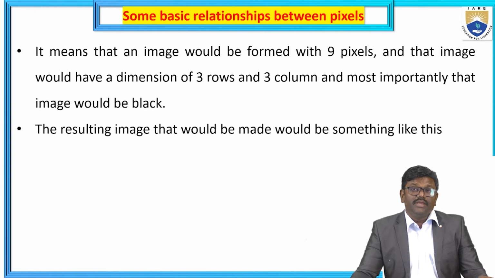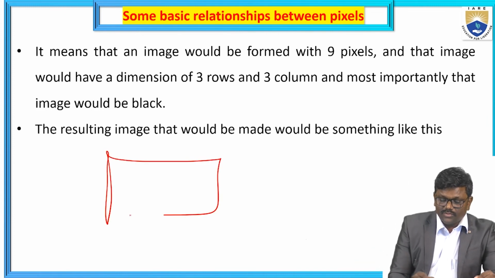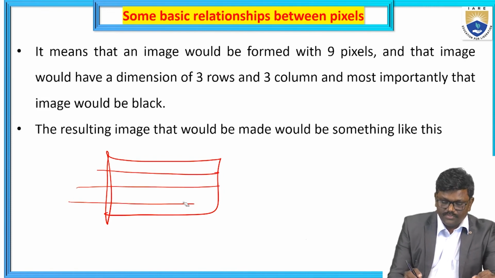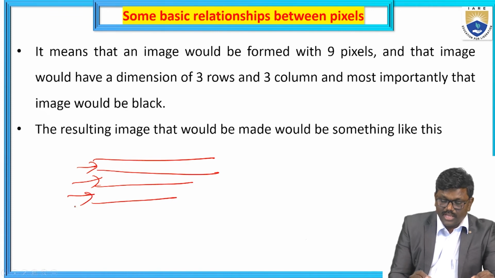The resulting image that would be made would be something like this: 3 rows, 1, 2, 3, and 3 columns, 1, 2, 3.